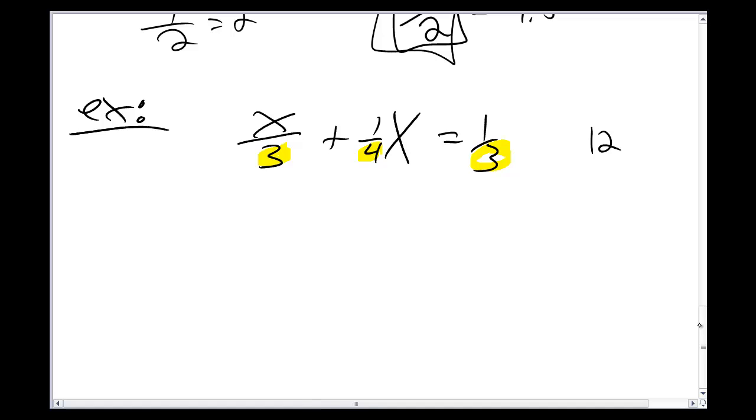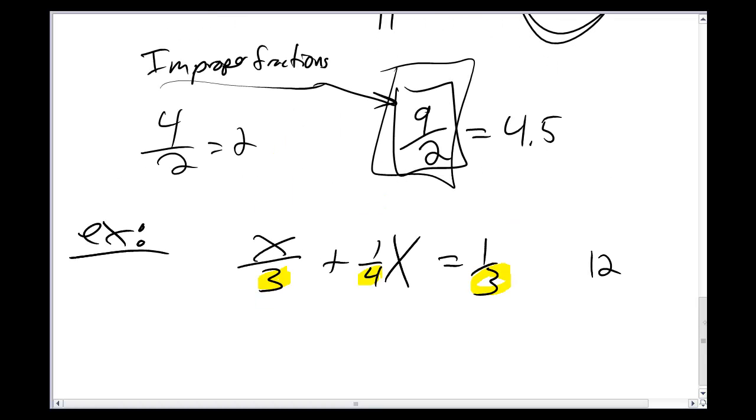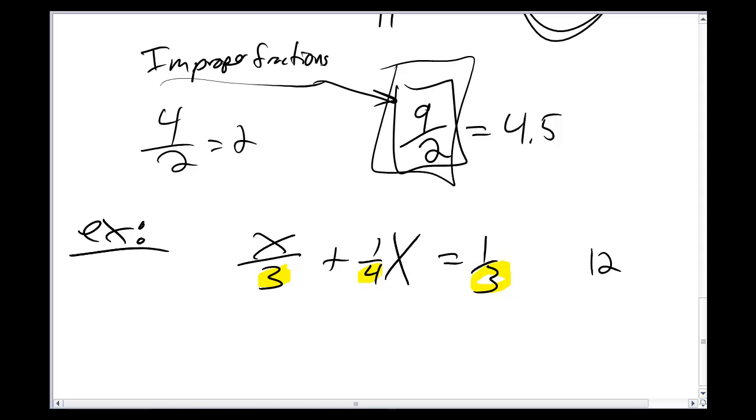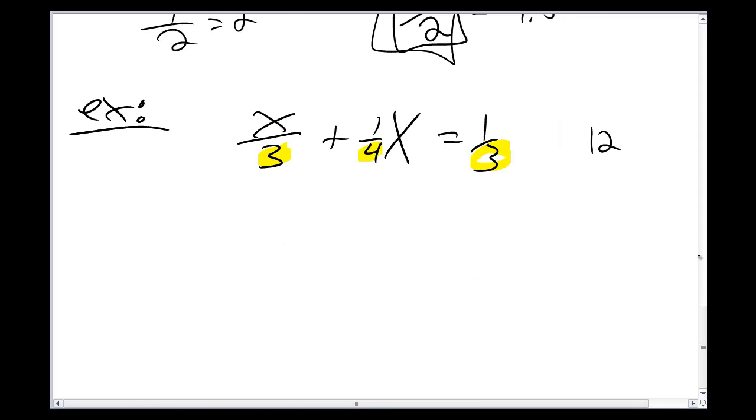And so I'm going to solve this equation by getting rid of fractions. In general, I don't like fractions. Even if I've converted them to this nice improper form, I still don't like them in my equations. So here's what I'm going to do. I'm going to get rid of the fractions. I can't just multiply everything by 3 because sometimes there's 4s. I can't multiply everything by 4 because sometimes there's 3s. So instead I multiply by 4 times 3, which is 12.